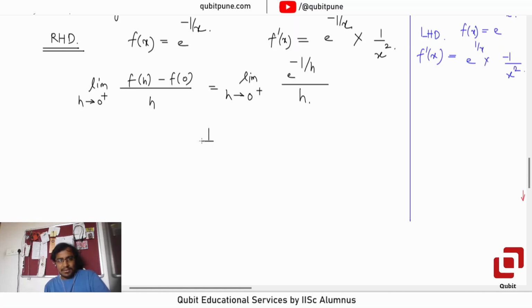So I can say let 1 upon h be t. Therefore, as h tends to 0 plus, t will tend to infinity. I definitely know that. So I get the limit as t tends to infinity of e raised to negative t into t.